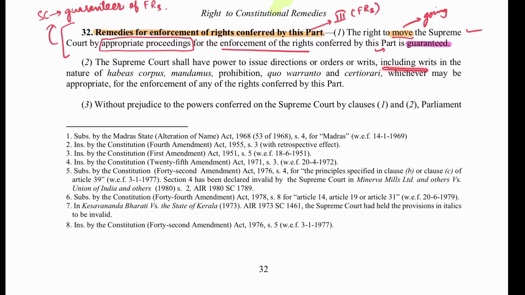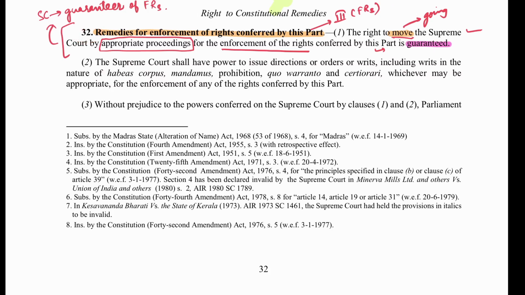Now, including writs in the nature of habeas corpus, mandamus, prohibition, quo warranto, and certiorari. These are the five important writs that you have to remember, and definitely, as I said, we'll do them in the next video. But understand that the names of these writs, or let's say the nature of these writs, are already clarified in the Constitution itself.